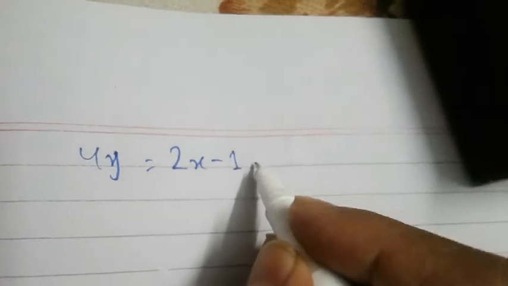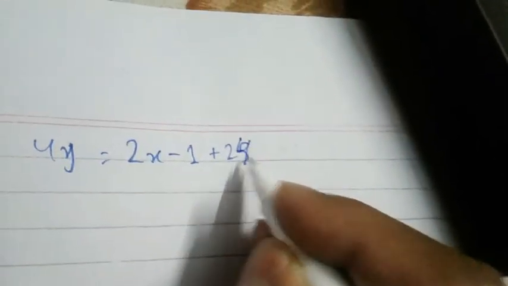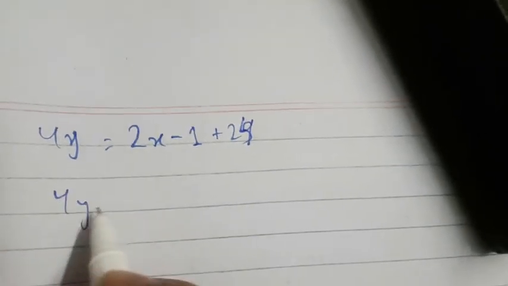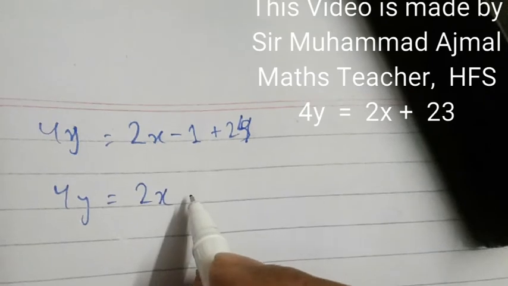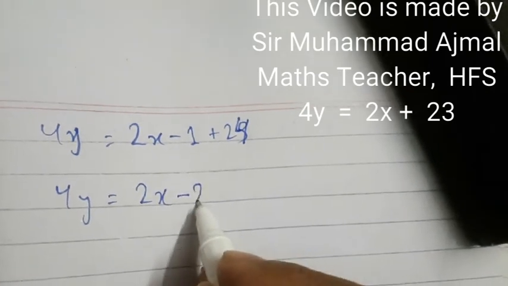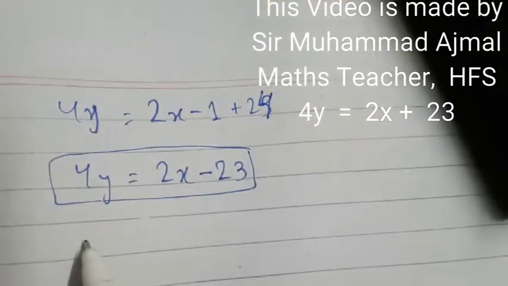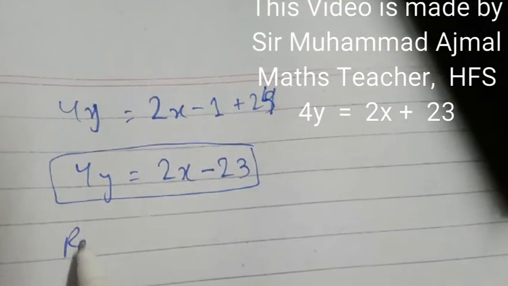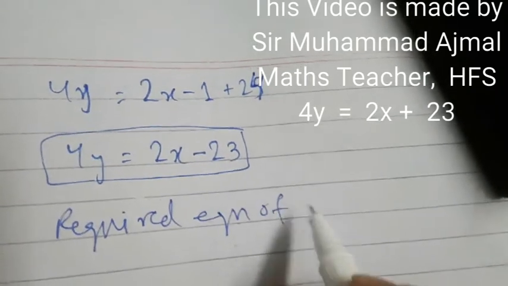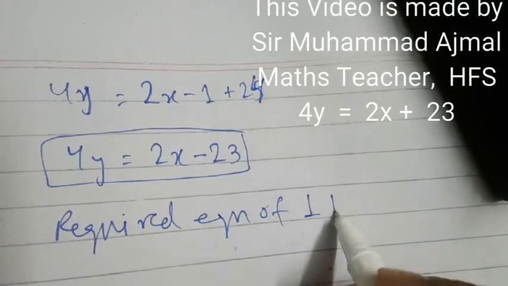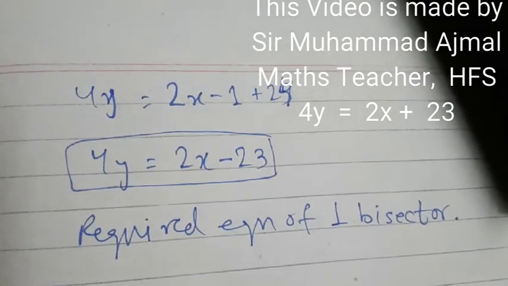Now 4y is equal to 2x minus 1 plus 24, and the final equation we have is 4y is equal to 2x plus 23. This is our required equation: 4y is equal to 2x plus 23. There is a mistake where minus is written, so consider it as plus.